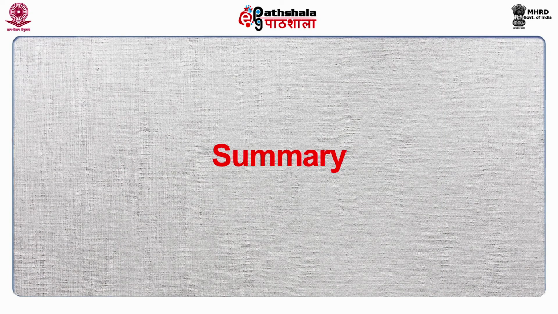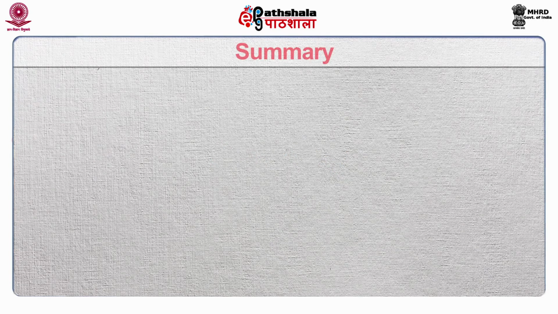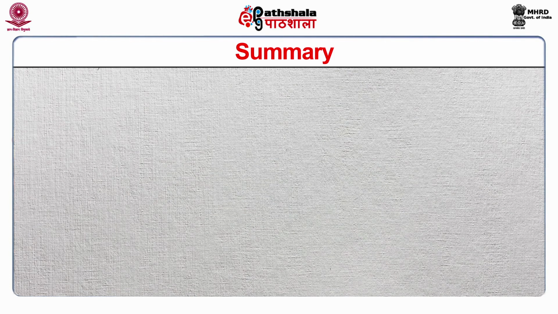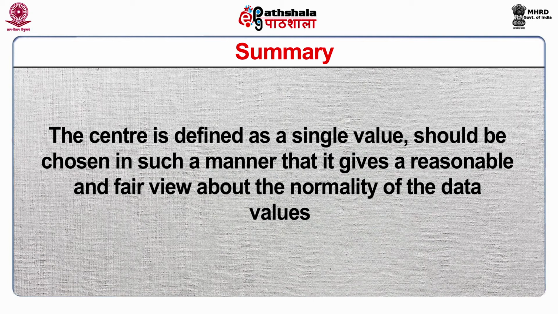Now friends, it's time to summarize the module. The common quantity used to outline a data set is the center or the mean value. The center is defined as a single value chosen in such a manner that it gives a reasonable and fair view about the normality of the data values.